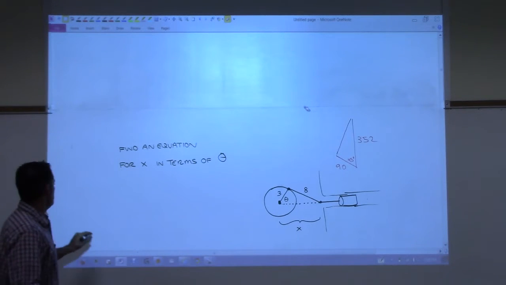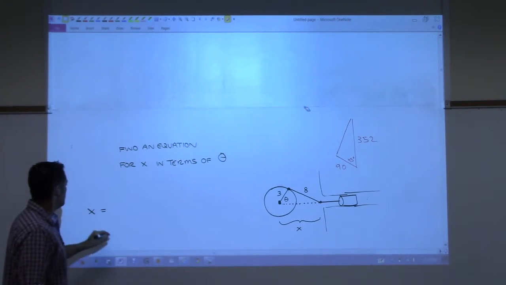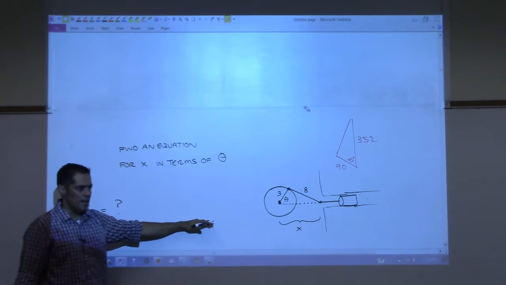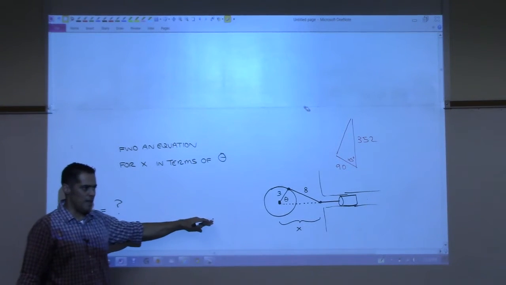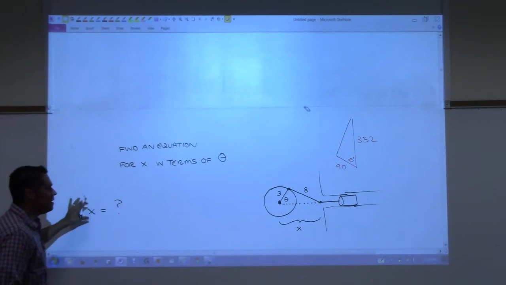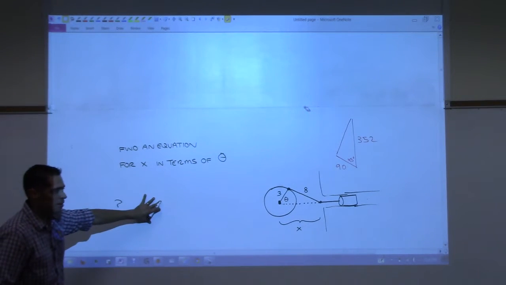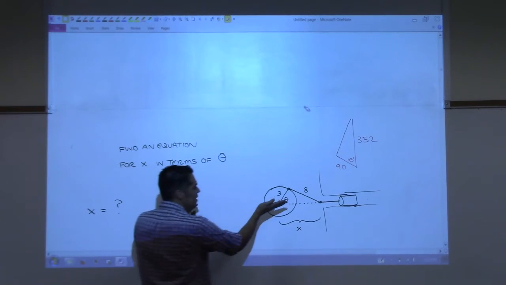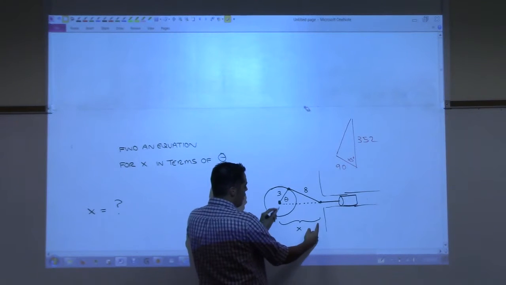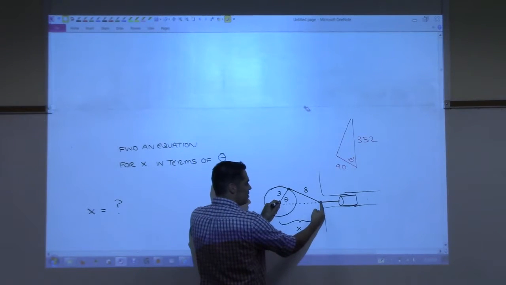So I want you to give me an equation that says x equals something, and in this something there needs to be theta. X can't be here, just theta. Now it can have other things in there, but that would mean that x is a function of theta. So if somebody gives me the angle, you will be able to tell me how far the center of the crankshaft is from that point.